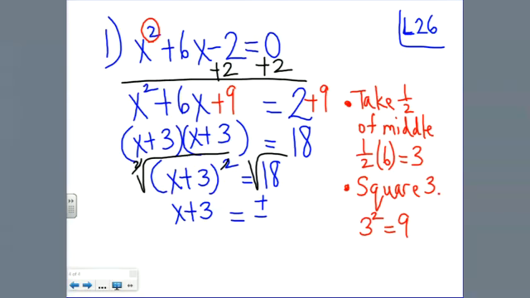Now, 18 is not a perfect square, but we can break it down as 9 times 2. And the square root of 9 we can pull out as 3. And the 2 stays inside the radical.